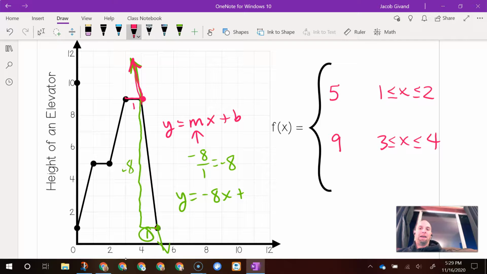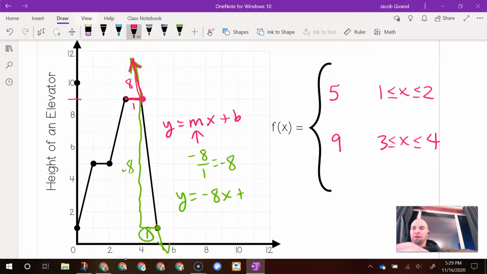So we were at 9 here, and 9 plus 8 is 17. So basically what that means is every time we travel over 1, we're going to go up another 8.